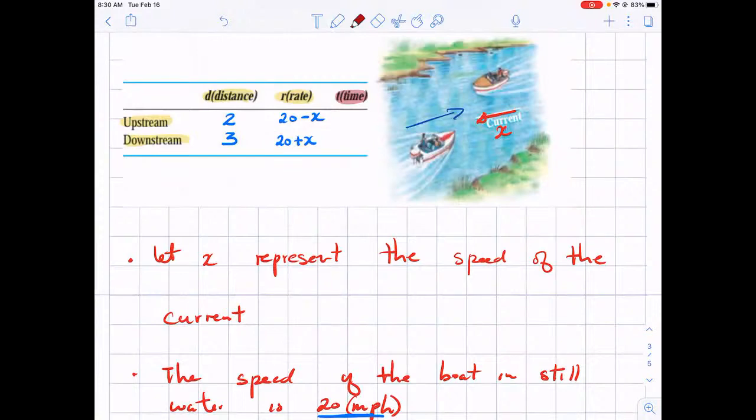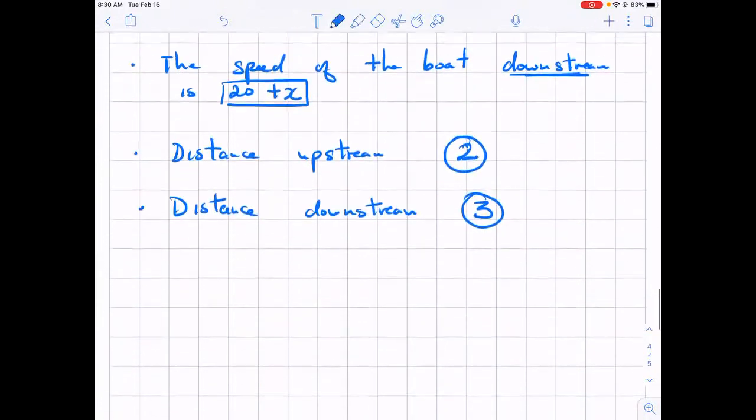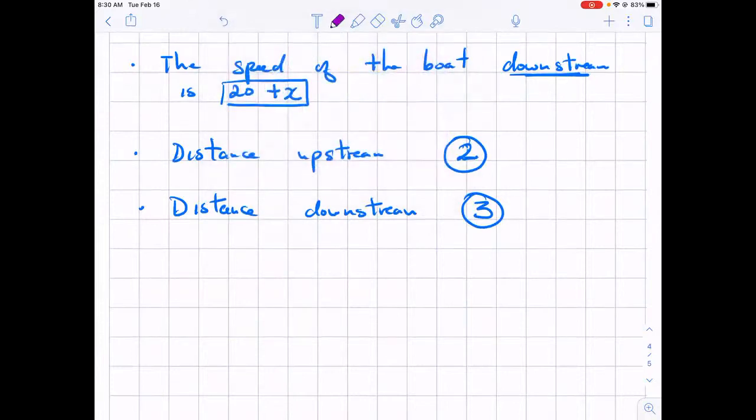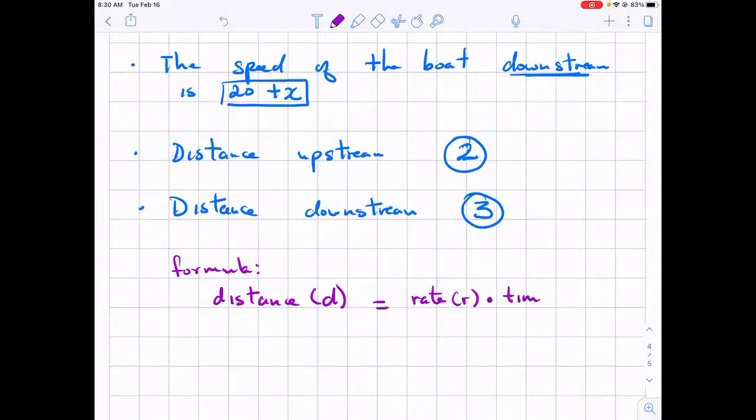There is a formula: distance, which we call d, is equal to the rate, which we call r, times time, which we call t.